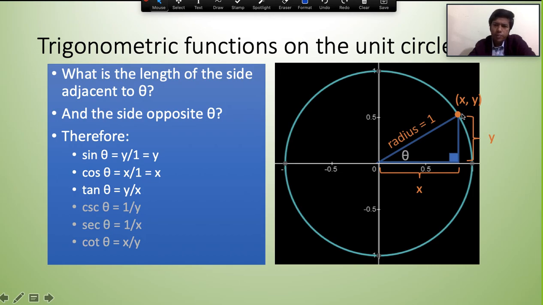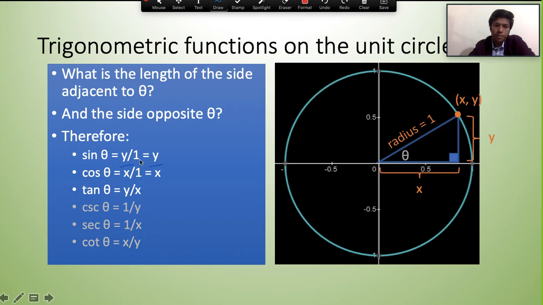It helps this way. Now, if you take sin theta from this figure, sin theta equals, as we have learned from the ratio SOHCAHTOA, opposite by hypotenuse. That means y divided by hypotenuse. Hypotenuse is 1, so y divided by 1. That means y.